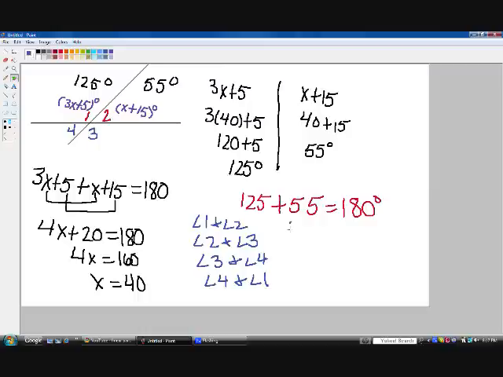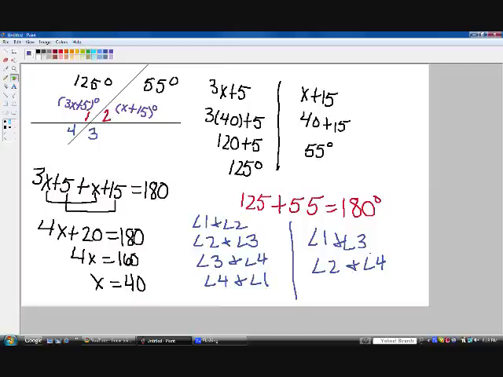And finally, just to review vertical angles, to list those, we'll have angle 1 and angle 3 are vertical angles. Angle 2 and angle 4 are also vertical angles, not linear pairs, I'm sorry.